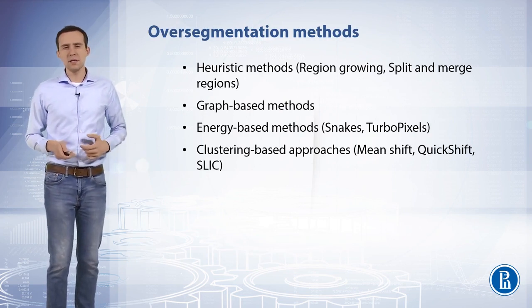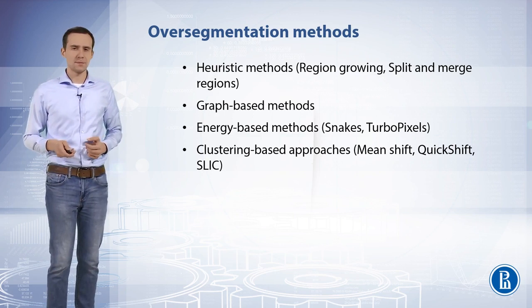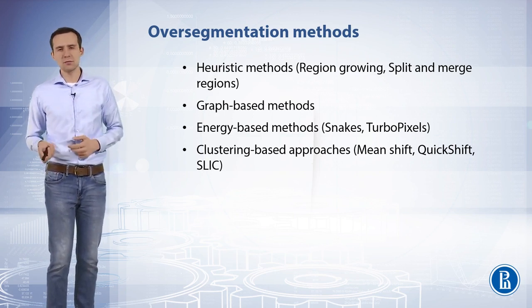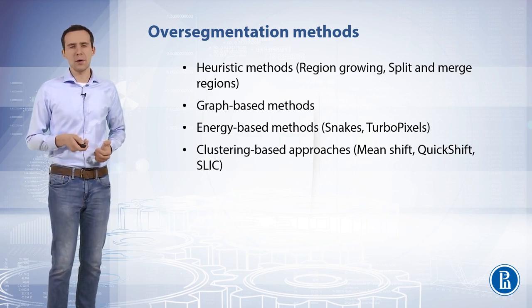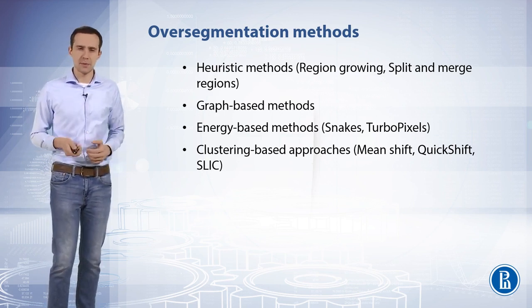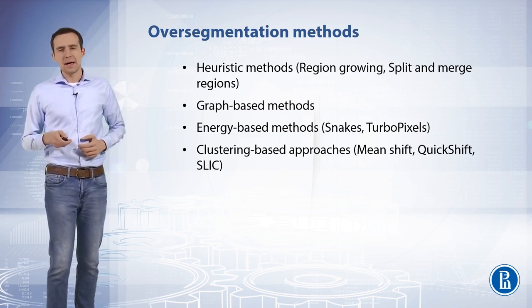During years of research into the problem of image segmentation, many methods have been developed, starting with heuristic methods like region growing, in which we specify a set of initial points and gradually attach to these points neighboring pixels that have the same characteristics.